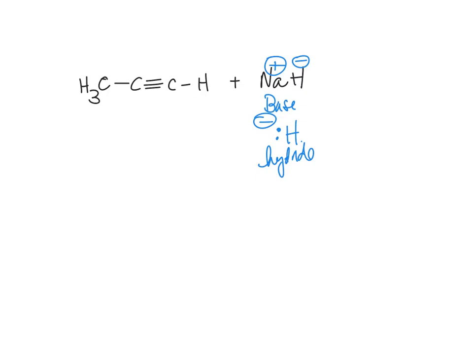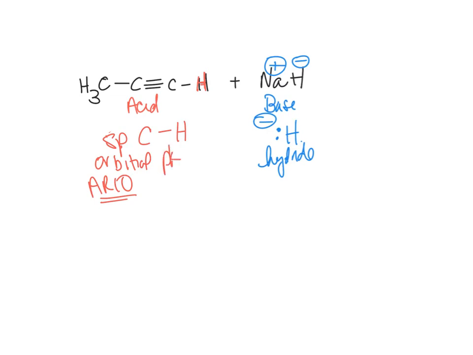And then where's your acidic proton? This is an acidic proton, so this would be your acid, and your sp carbon hydrogen, the orbital effect, if you remember the ARIO from Organic 1, has a pKa of 25. This is an alkyne. That's the terminal hydrogen.